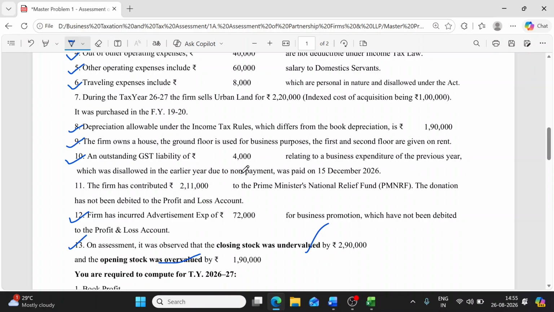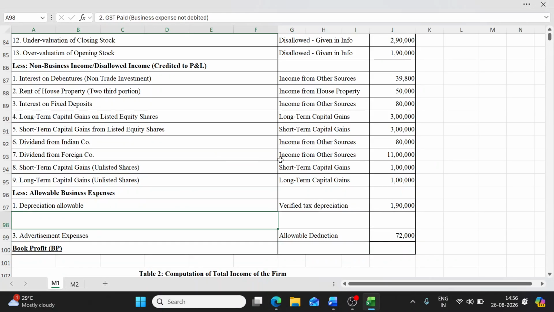As it is paid in the current year, we can claim this deduction, and it is not recorded in the profit and loss account at debit side. So we will deduct it here, because it is given in adjustment.